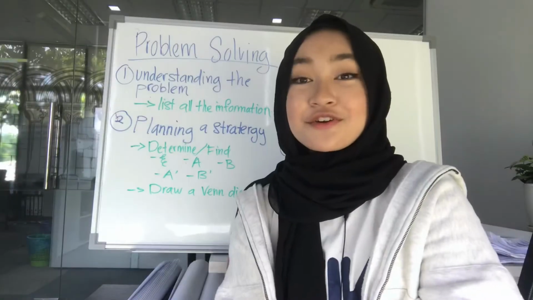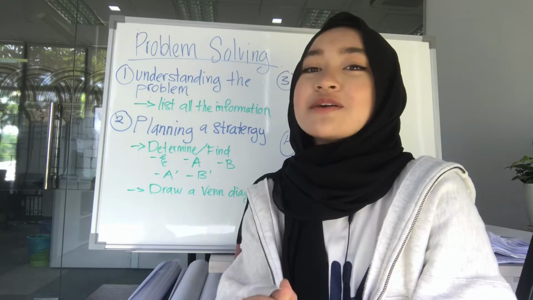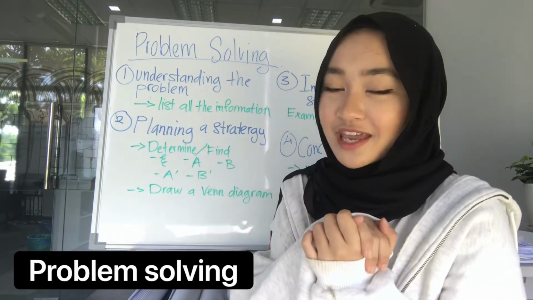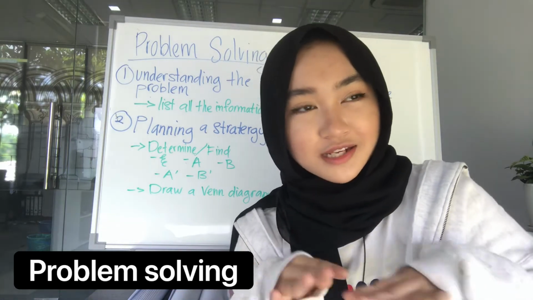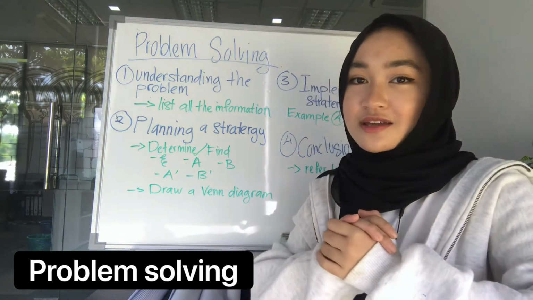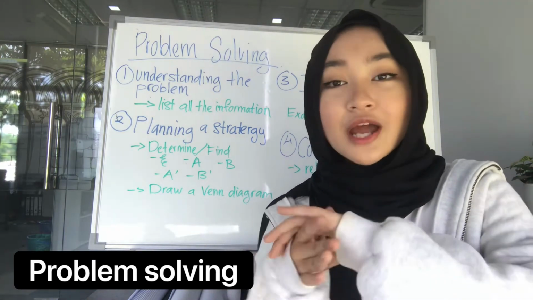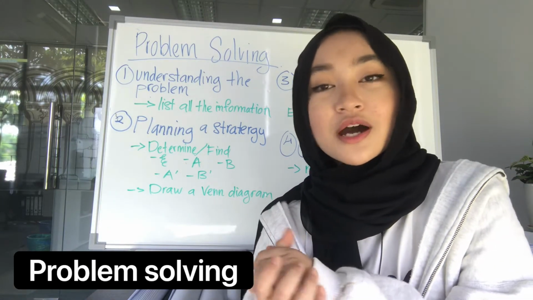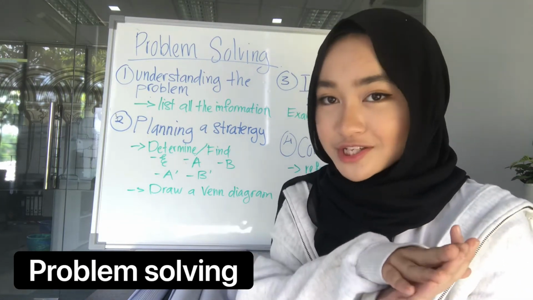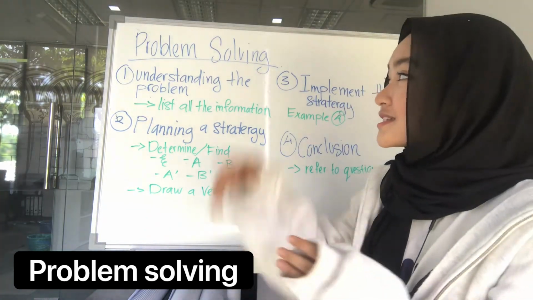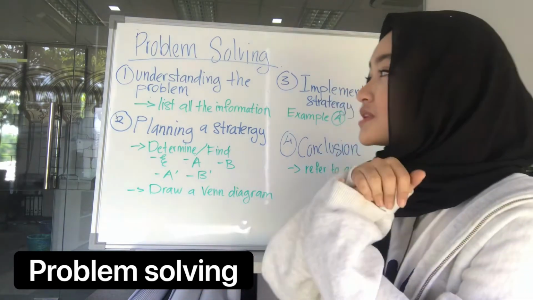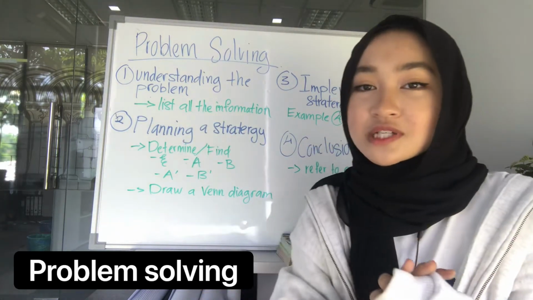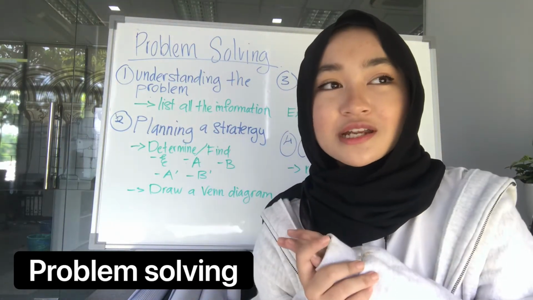And finally, we have to know about problem solving, which usually comes at the end of the topic. There's a strategy on how you want to answer this problem solving question. The first one is understanding the problem. In understanding the problem, you need to list all the information from the question.